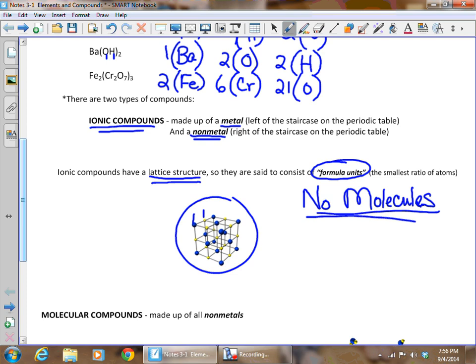If you had two of one atom for every one of another, you might have a compound like BaCl2 or something like that. So it's always the lowest whole number ratio of the atoms in that compound.